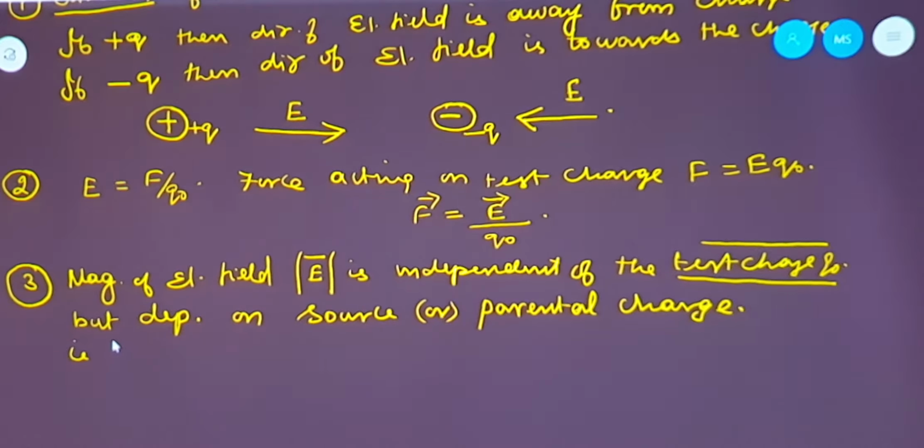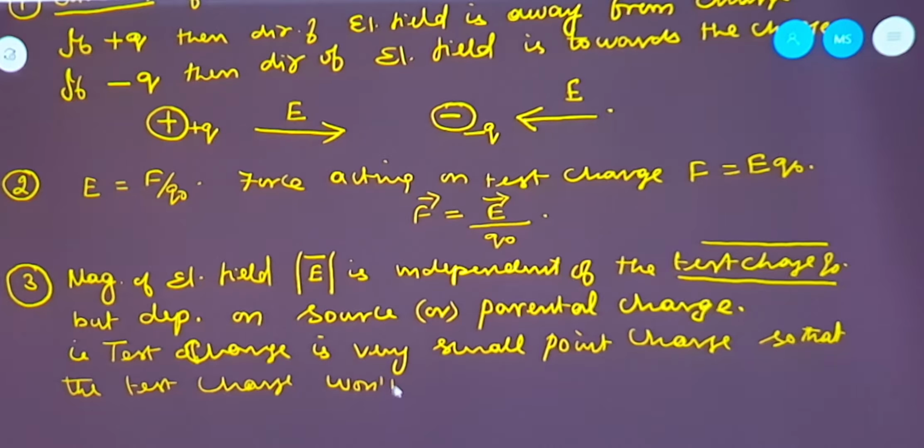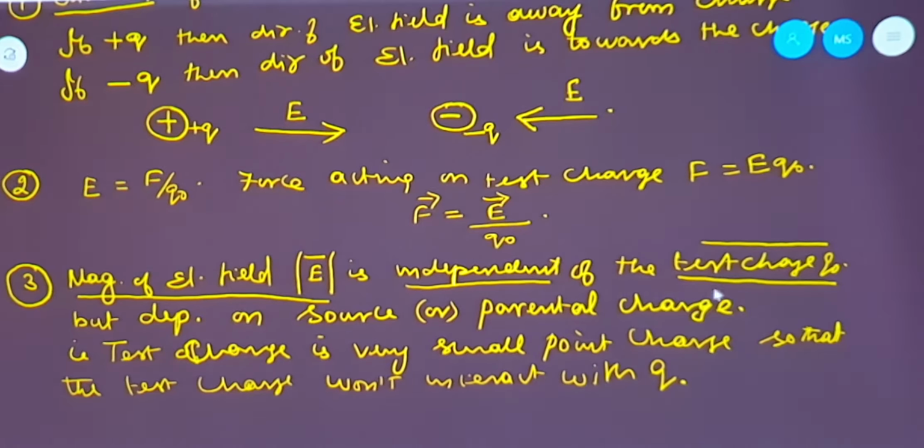You have to consider the test charge as a very small point charge, so that the test charge won't interact with the parental charge Q. So we are saying the magnitude of the electrical field is independent of the test charge, since the test charge is a small point charge.